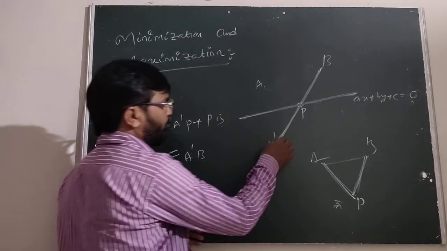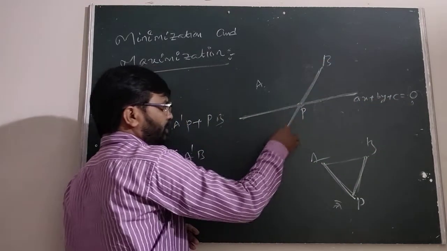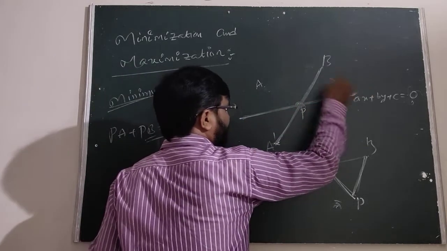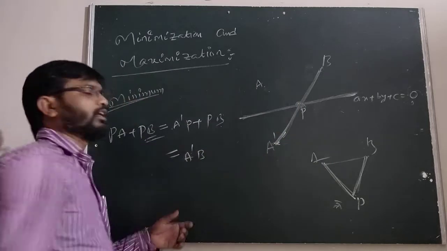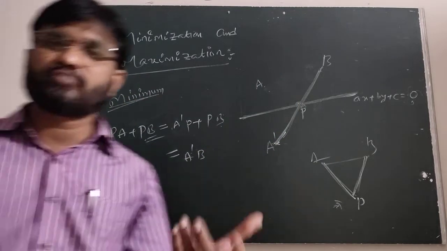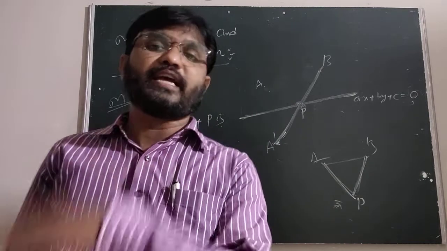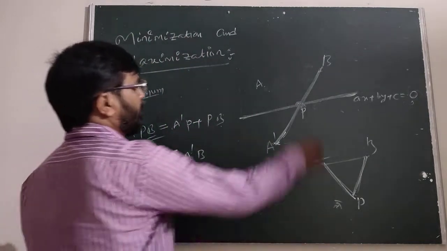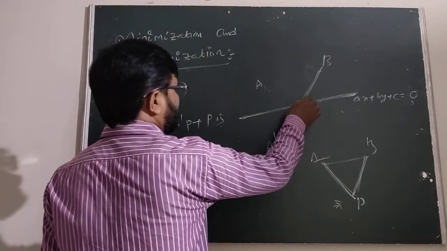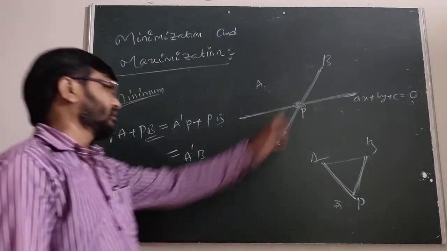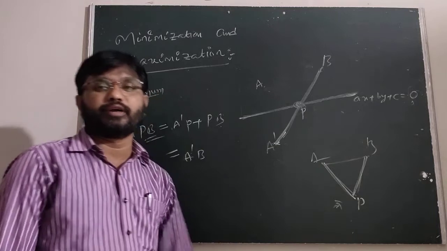Then you have to find another line A dash B, and the point of intersection of the given line and A dash B. We have to know the two-point form: y minus y1 equal to y2 minus y1 by x2 minus x1 into x minus x1. P is the point of intersection of the line and A dash B. This is a very important concept.